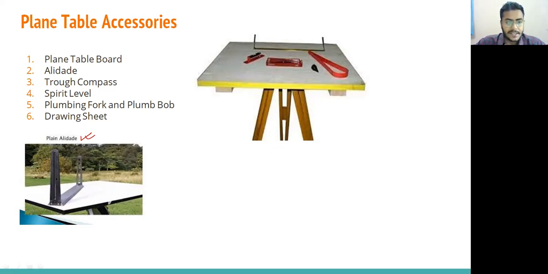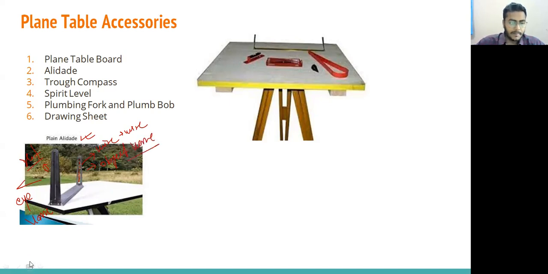One vane carries a thin slit. This is called the eye vane. The other vane, which carries a wire or hair, you will see there is a wire, is called the object vane.